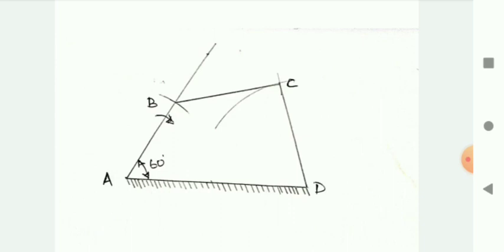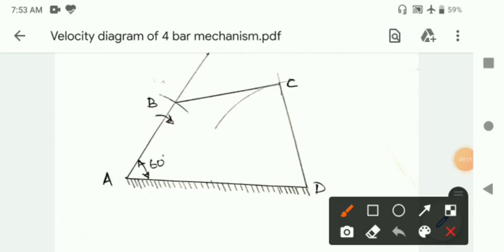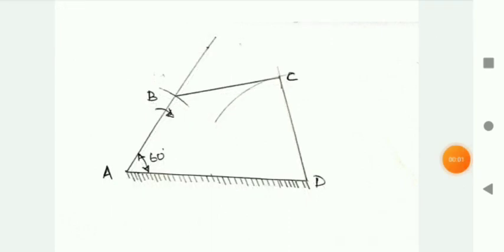When you draw the space diagram, you also have to label the joints in the mechanism, give the dimensions, and indicate the type or direction of motion of the driving link or whichever link whose motion is specified.